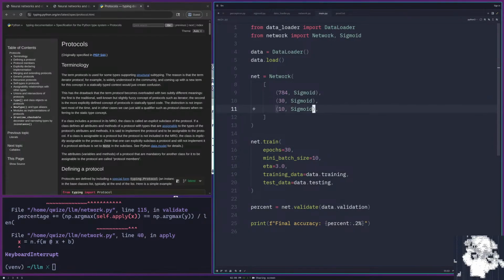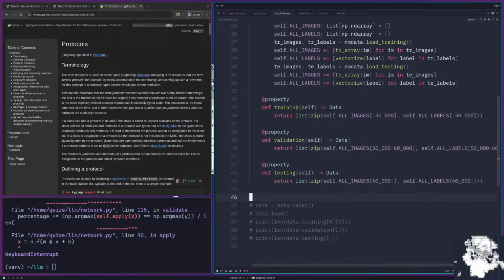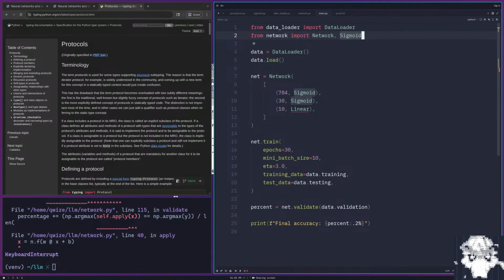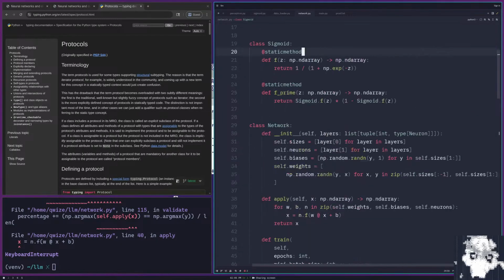Now let's make the last layer not sigmoid. We'll just have it be linear. Let's clean up our code also a little bit.